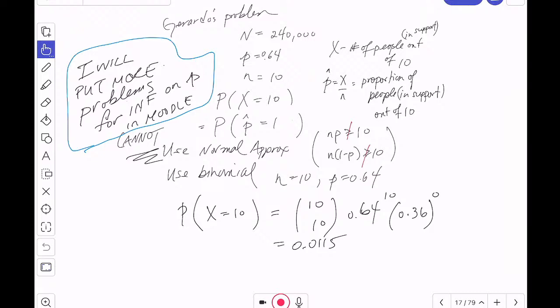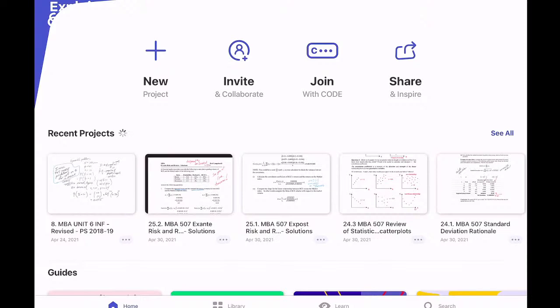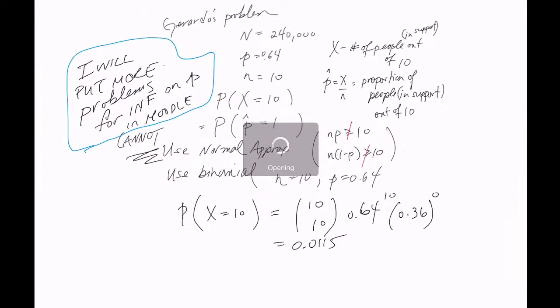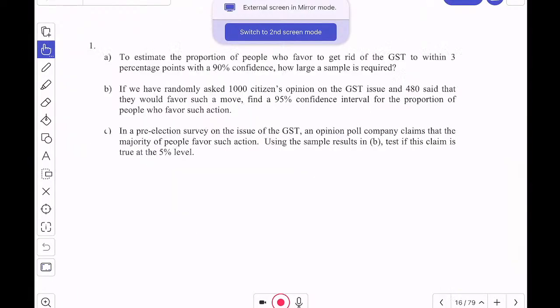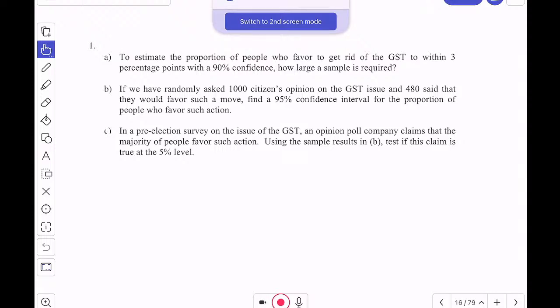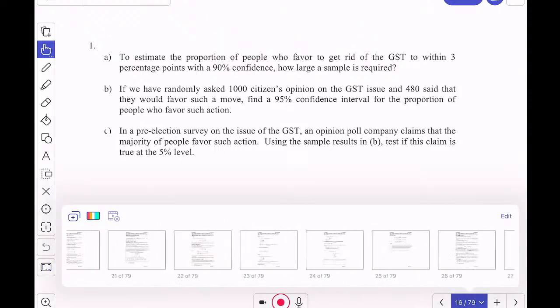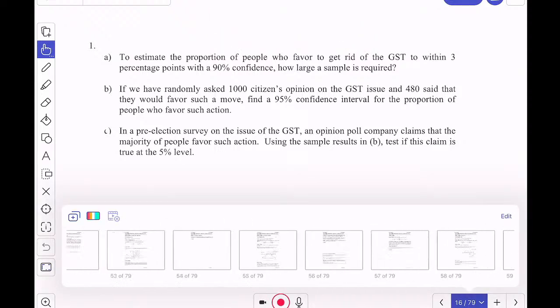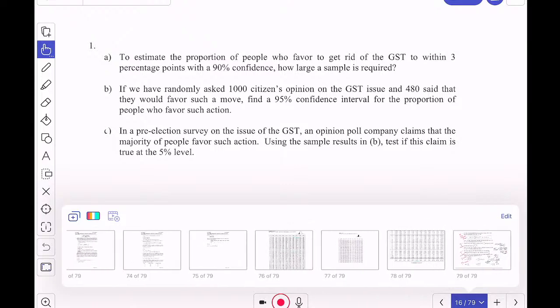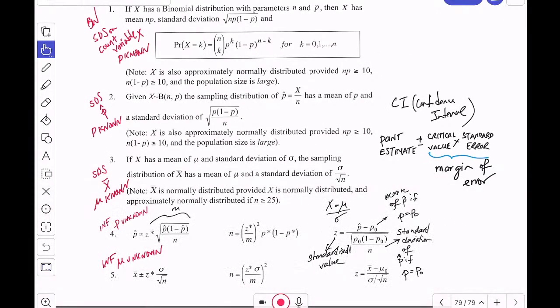Okay, so what I wanted to do was answer questions you have about proportion, but really get into the last two topics according to our formula sheet that I asked you to study with.